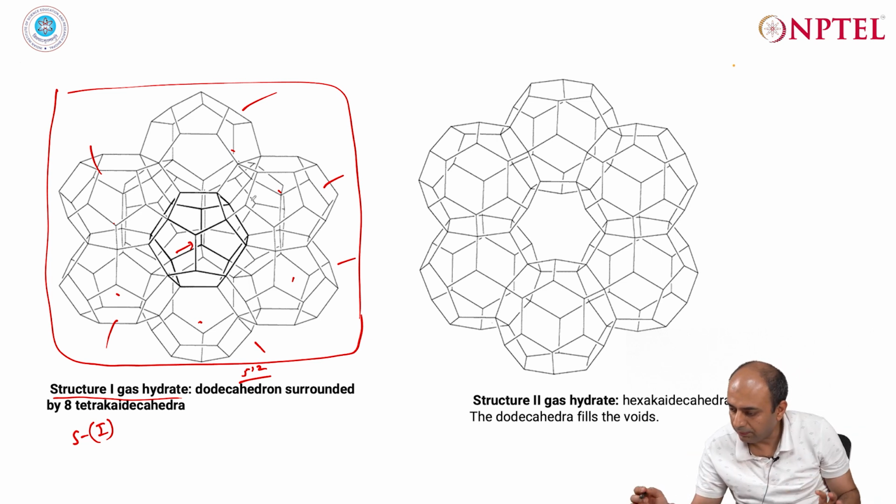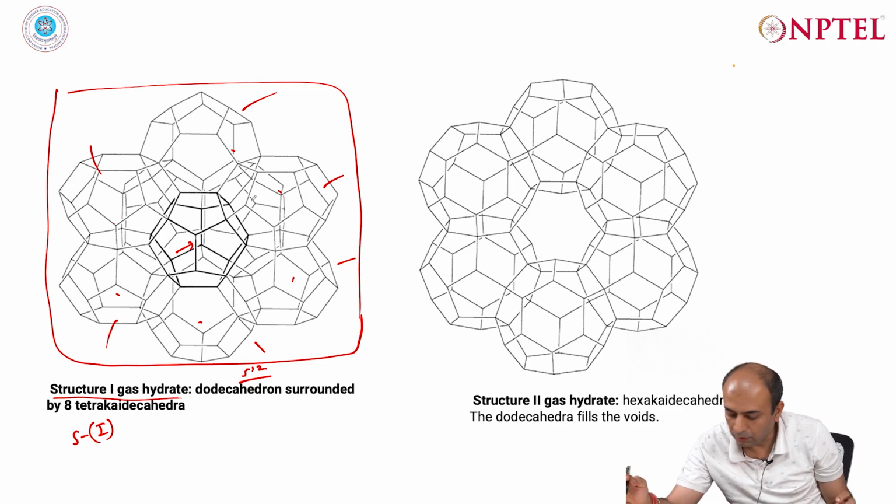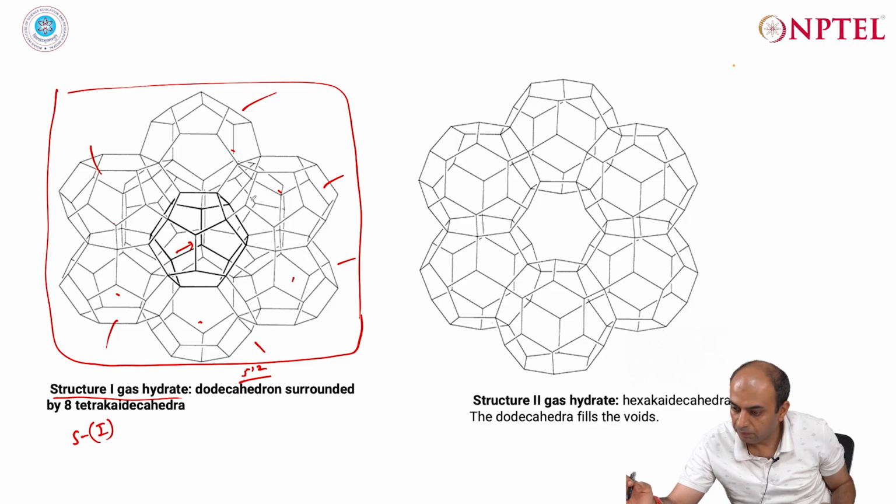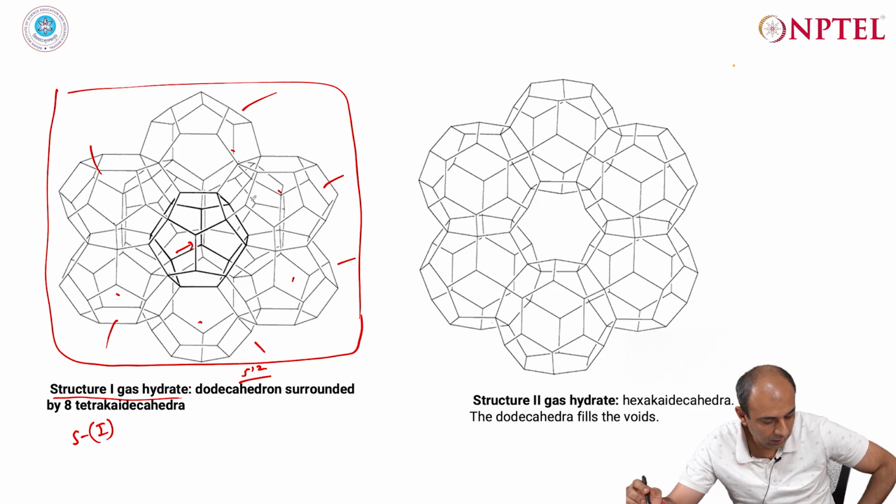In the S2 type, you can see that we have got the fusion of these 512 units along with the 512-6-4 units. That is, we have got the hexachedecahedra which are actually fused.